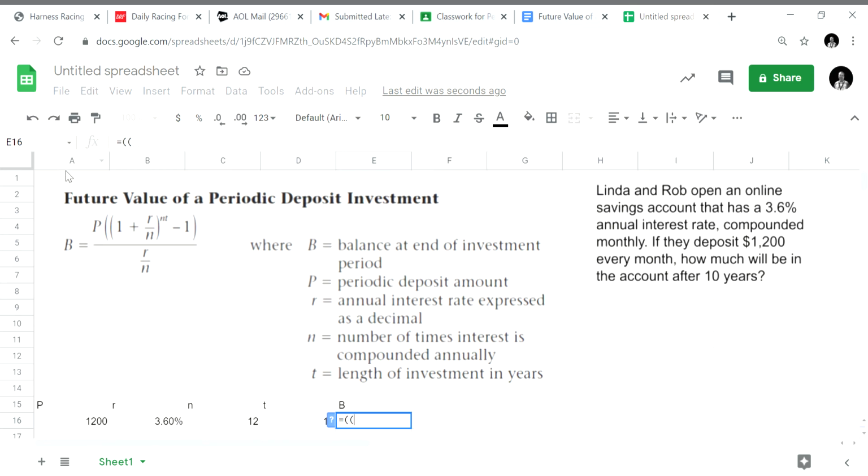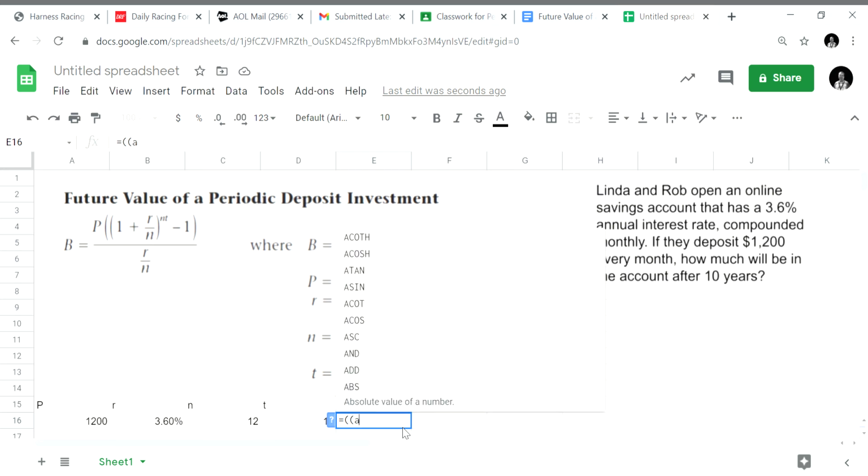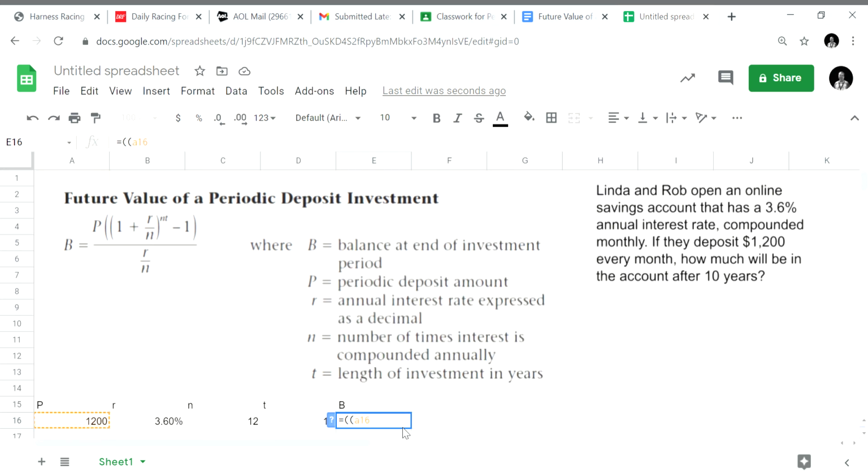Now the first thing I see is P. P comes from cell A16. I'm down here on A16 because I put this stuff up above so you guys could see it. So that's going to be A16. Now we're going to multiply A16. And here you see two sets of parentheses. So let's put in the two parentheses.